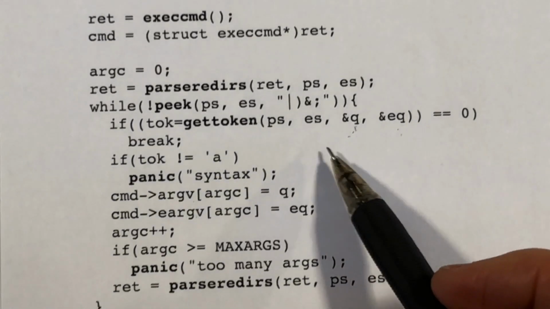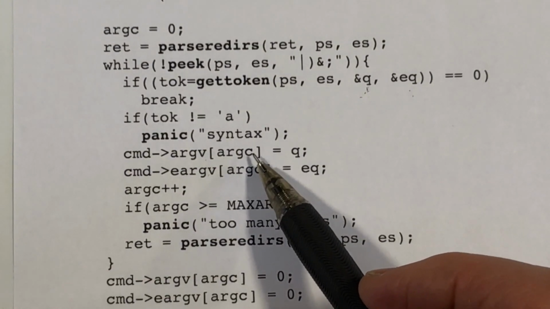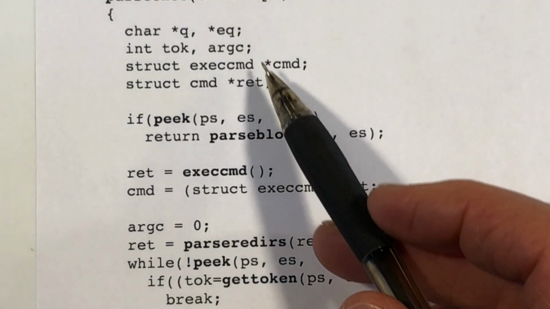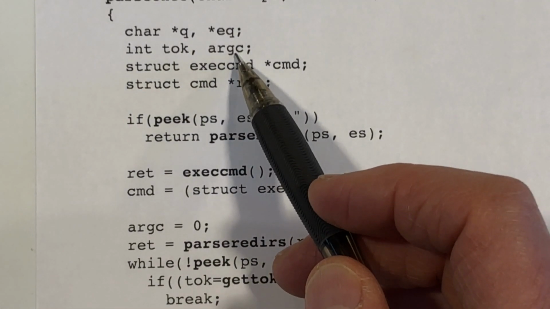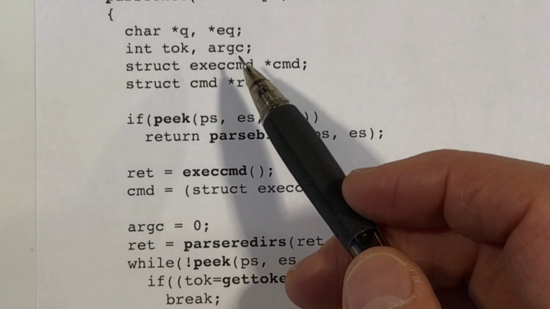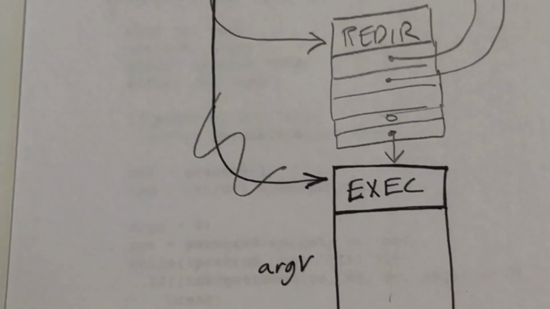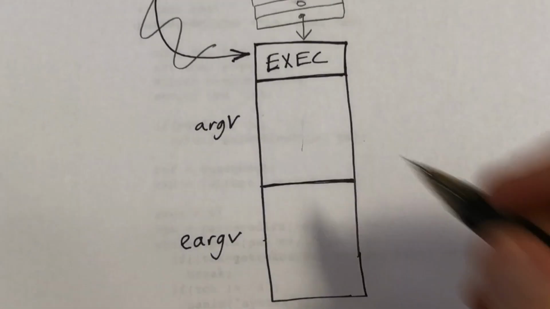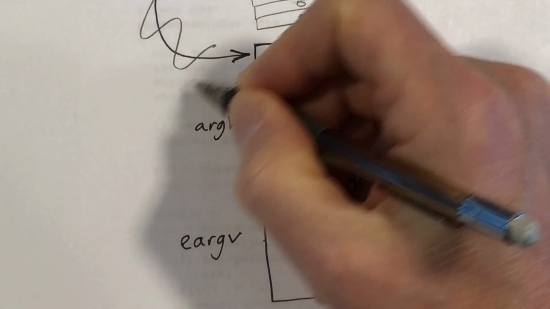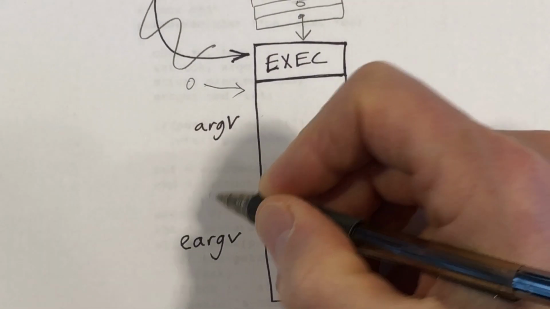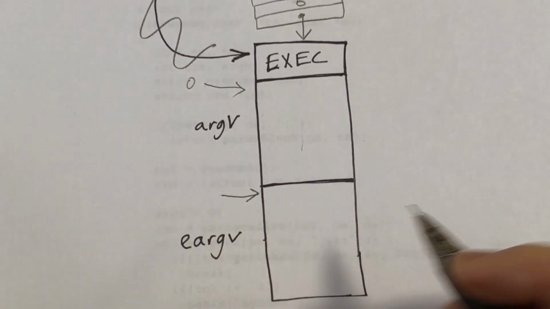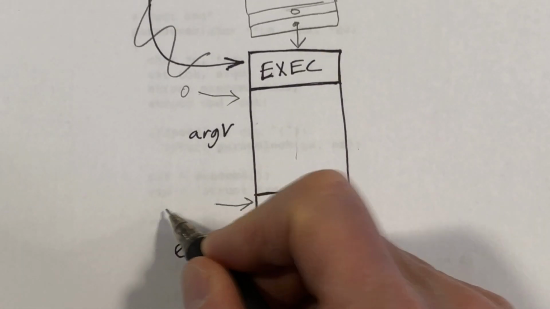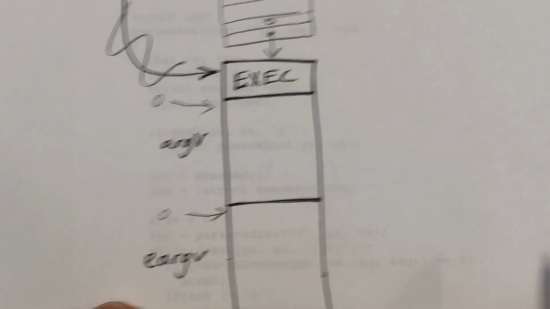And then we come down here, and we see we've also got a local variable argc, and that's going to be our index into this array. We'll start it at 0. So argc is pointing to the first element, the 0 element.